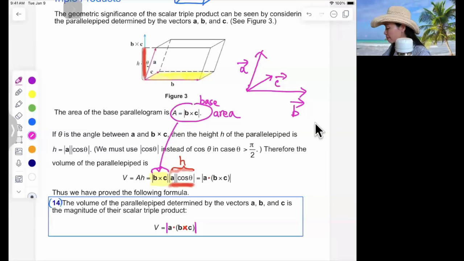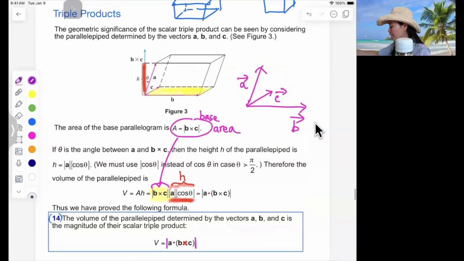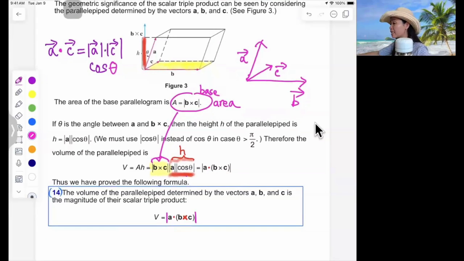So do you guys remember how you do dot product? Let's say A dotted with C. How do you do A dotted with C? That is magnitude of A times magnitude of C times what? Cosine of theta, right? This one here has a cosine theta, right?